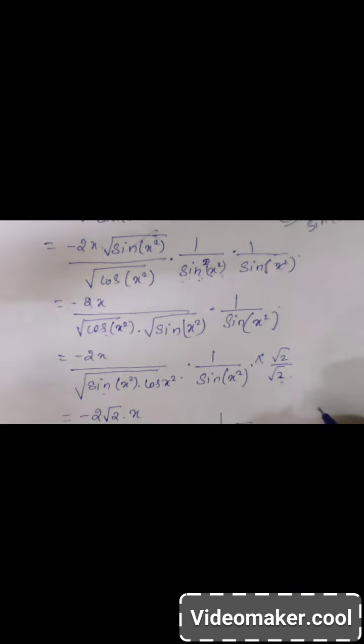We know the identity: 2 sine x into cos x can be written as sine of 2x.